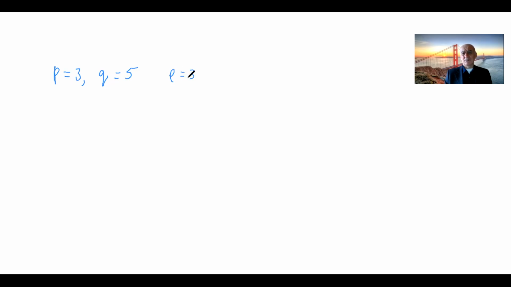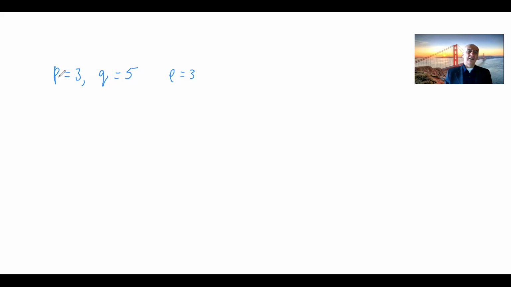Does it fit this number? Can we take E equals 3? Yes. Why, Andrew? Because (P minus 1) times (Q minus 1) is, oh no, sorry, it's 8. And 8 and E are relatively prime numbers.